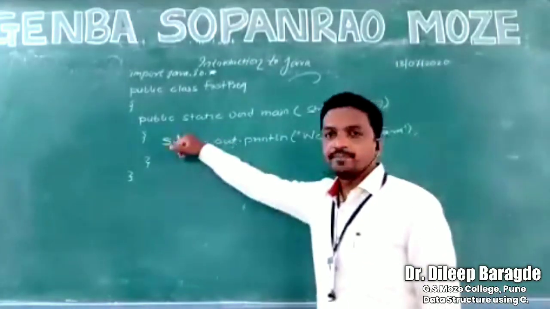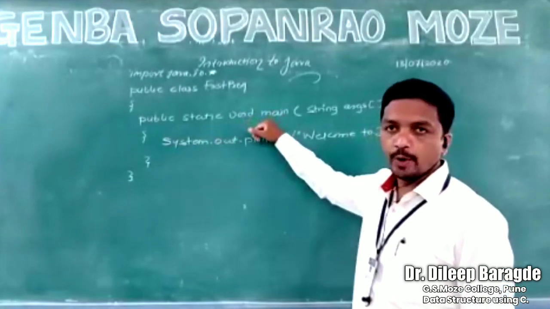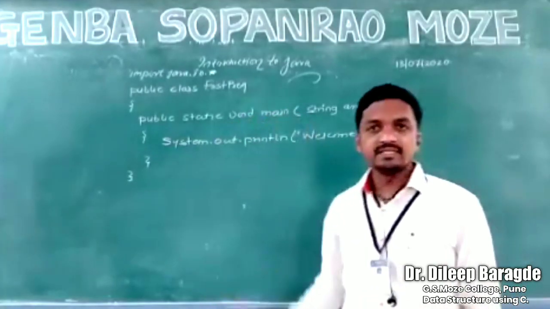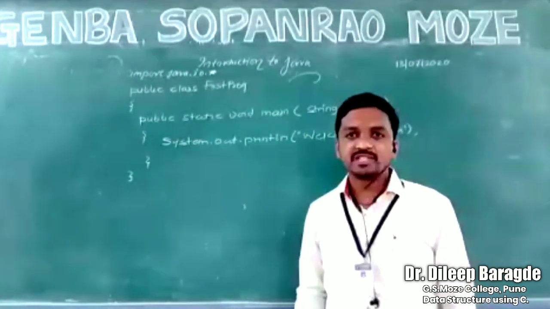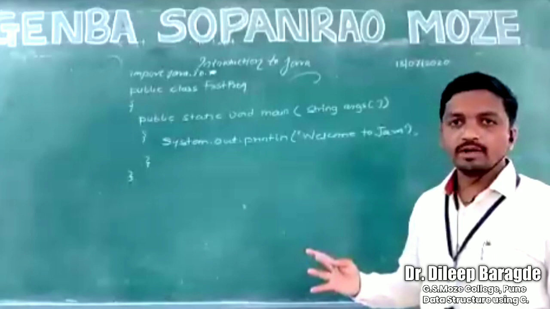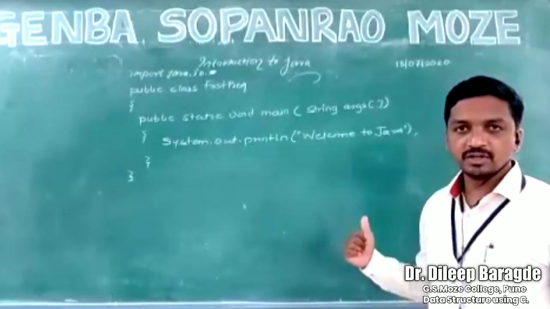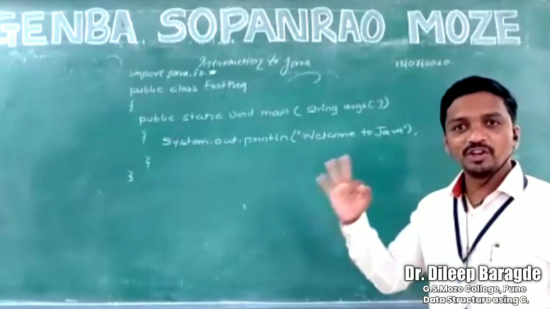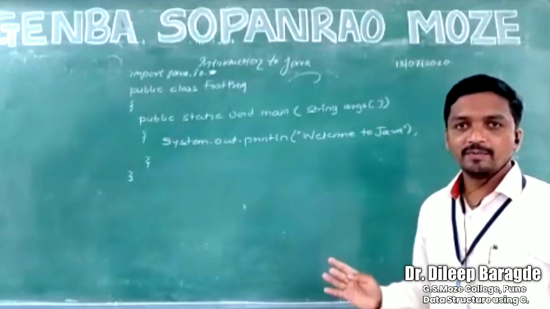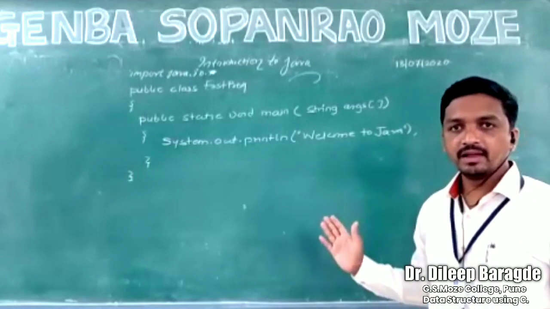So public, static, void. Main is the function. So for the main function, we have to write 3 keywords: public, static, void. Got the meaning of each and every word? का लिहिलेले आहे ते कळालेलं आहे.